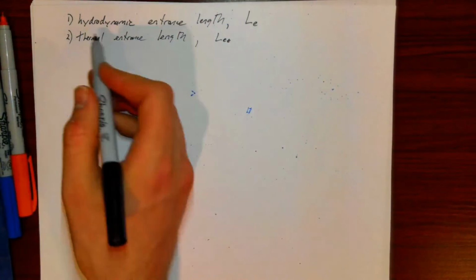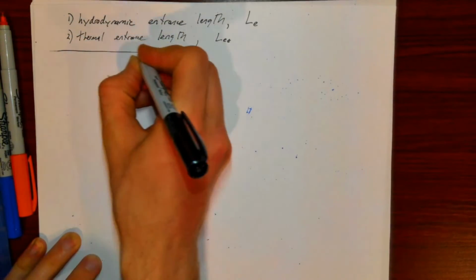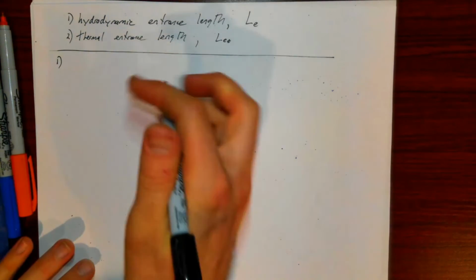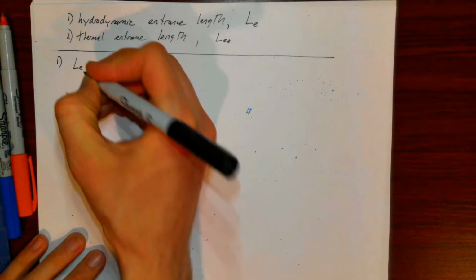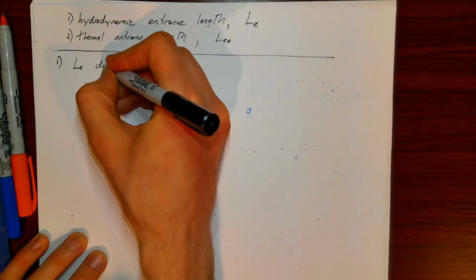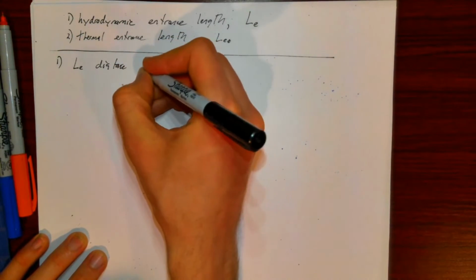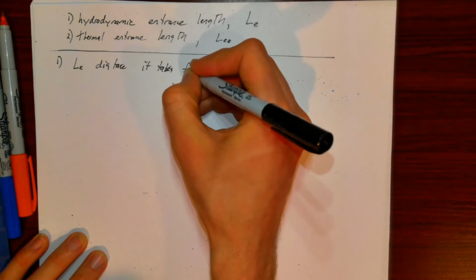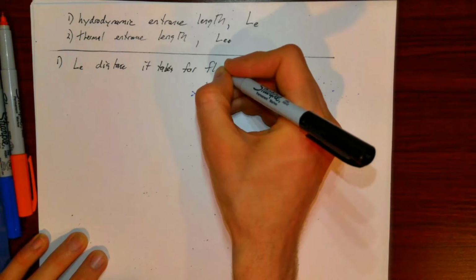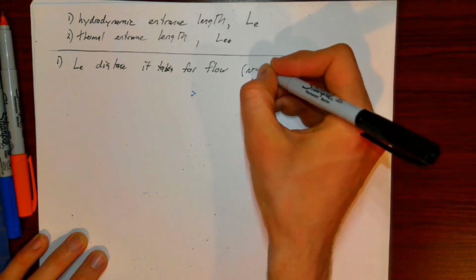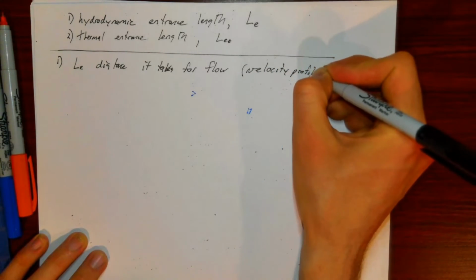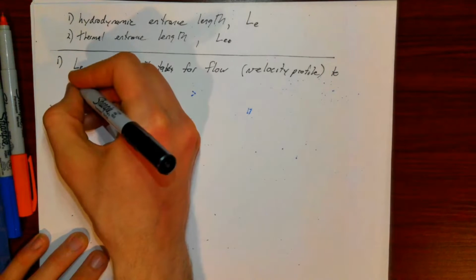I'll discuss the hydrodynamic one first. You can think of the hydrodynamic entrance length as the distance it takes for the flow, i.e. velocity profile, to become fully developed.